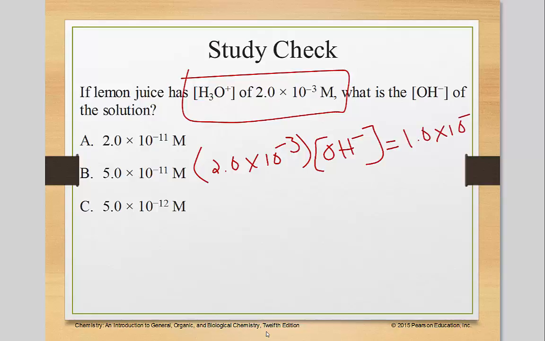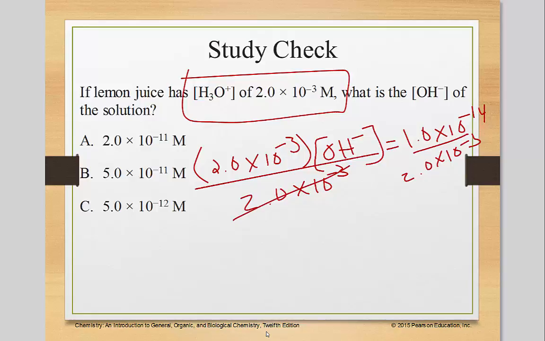Now divide both sides by the 2.0. So the OH minus is then going to equal 5.0 times 10 to the negative 12.